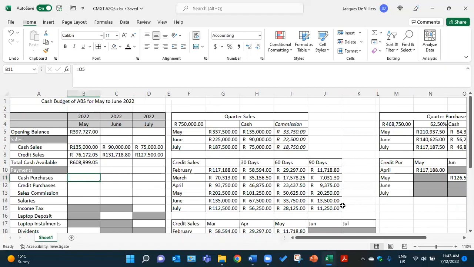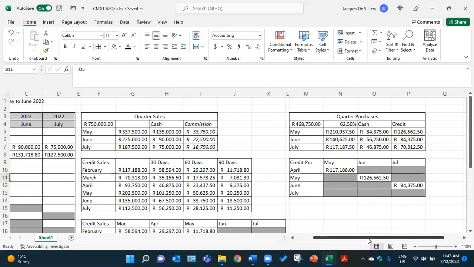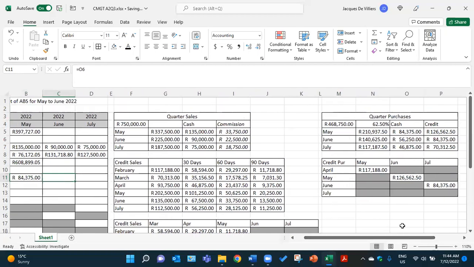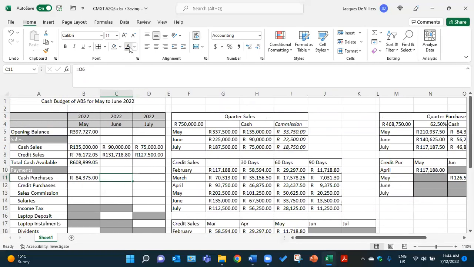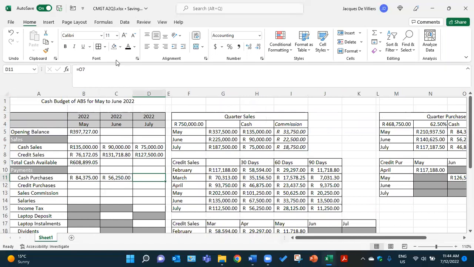So our cash purchases for May is 84,000. Our cash purchases for June will be that 56,000. And our cash purchases for July would be that 84,000 there.